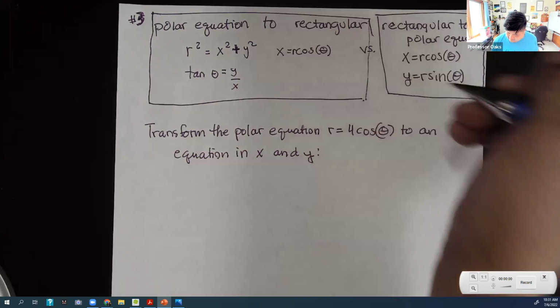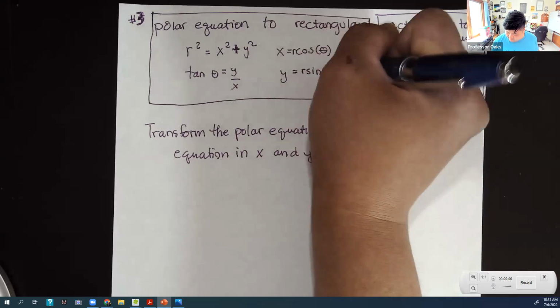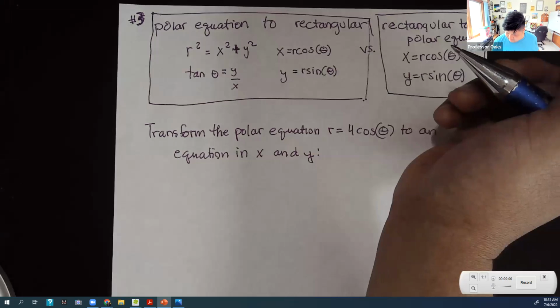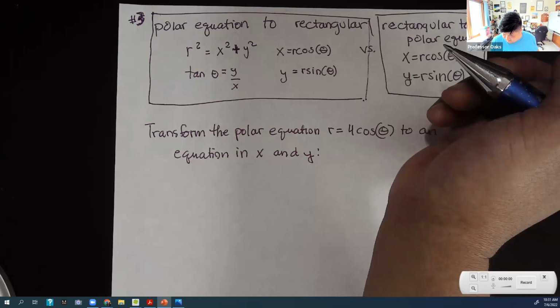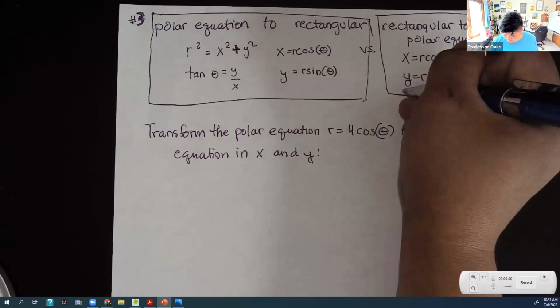So they all should go in the same box, now that I think about it.